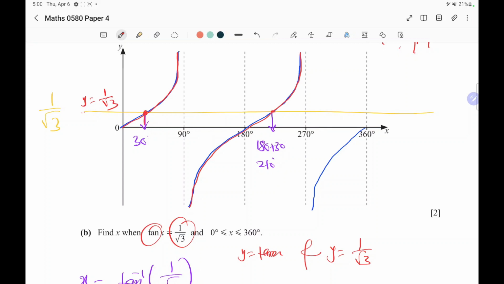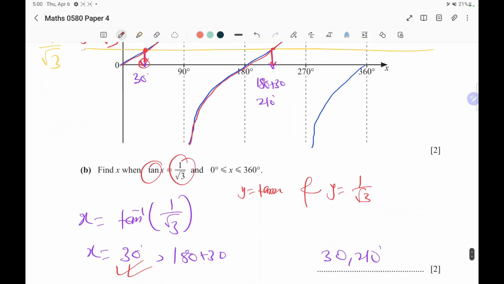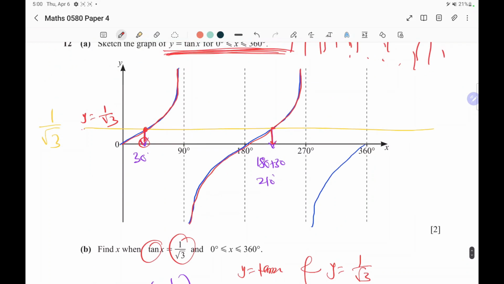Then just draw a perpendicular to the x-axis. So what will be this point? That will give you, from the calculator, 30 degrees. From the origin, from the x-axis, to this gap is 30 degrees, right?